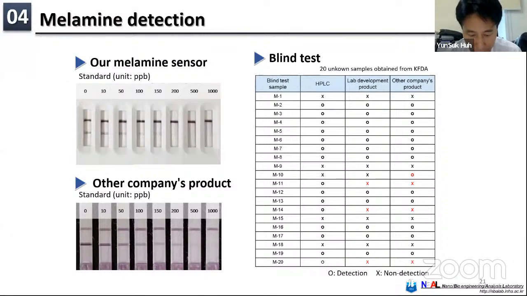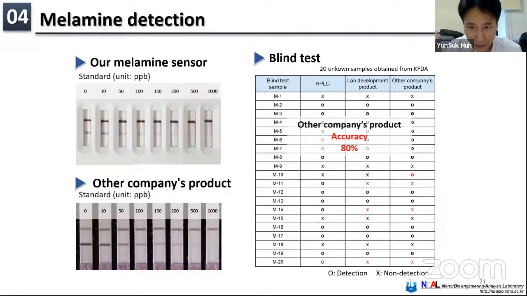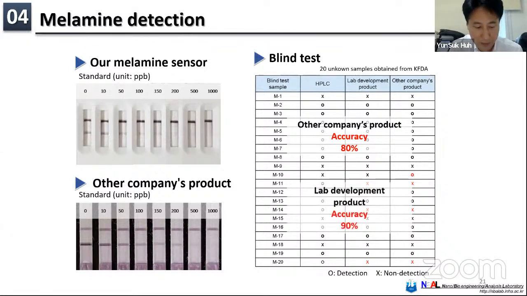As a result, our sensor device showed an accuracy of more than 85 percent, and the analysis was completed within 10 minutes. Therefore, our sensing device is expected to be used as a technology to monitor and identify harmful food substances in the field.